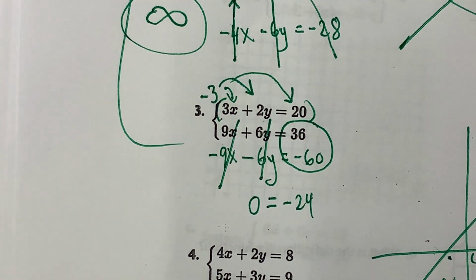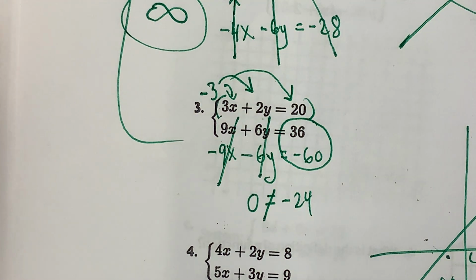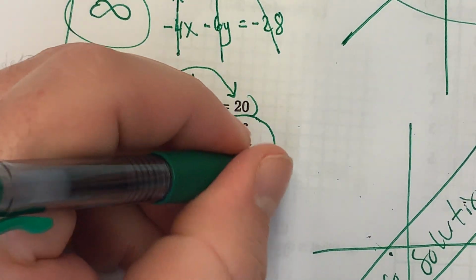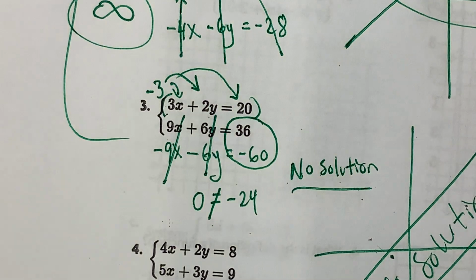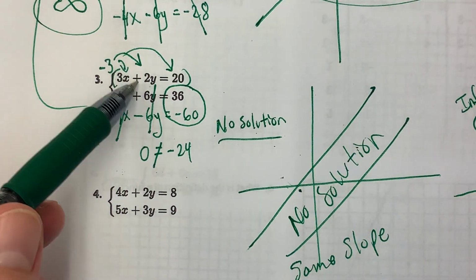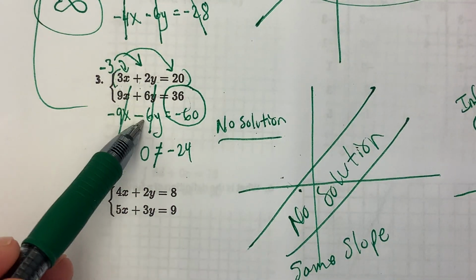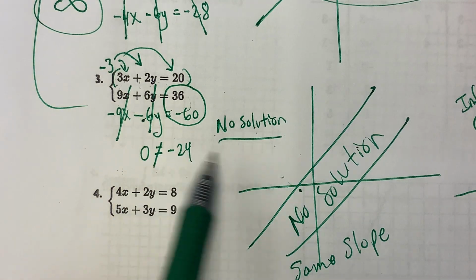And 0 does not equal negative 24. This is not true. And so that, by definition, is no solution. And so that means you have two parallel lines. Two parallel lines with different starting places, and they do not meet.